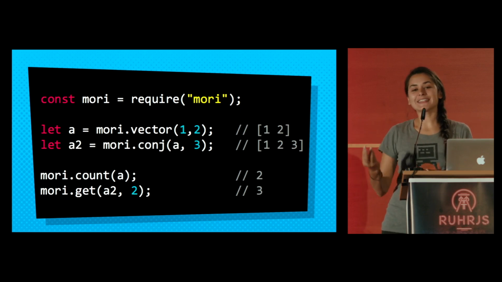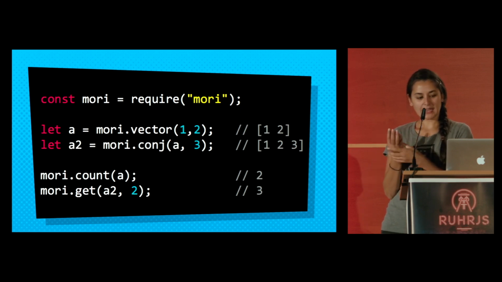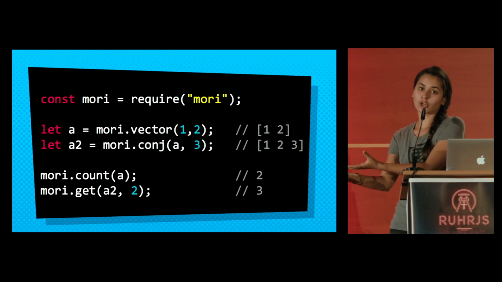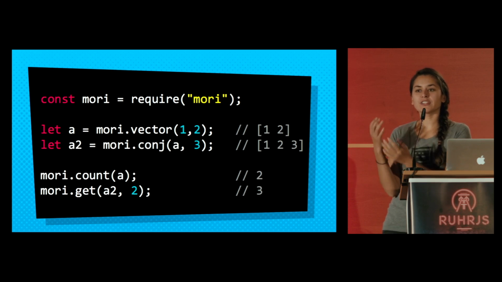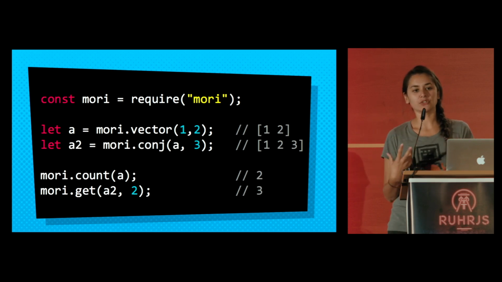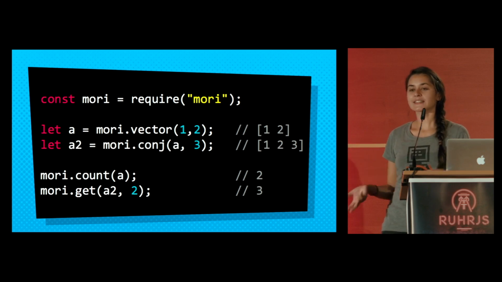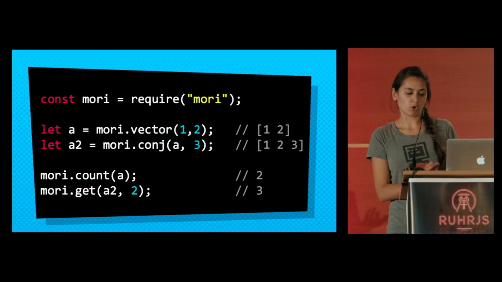And then I'm going to pass in the original array a as an input argument, and the new thing that I want added on to a, and that's going to return a new vector called a2. So the difference here is in the feel of using an object-oriented API with Immutable.js and a functional, pure function-based API with Mori.